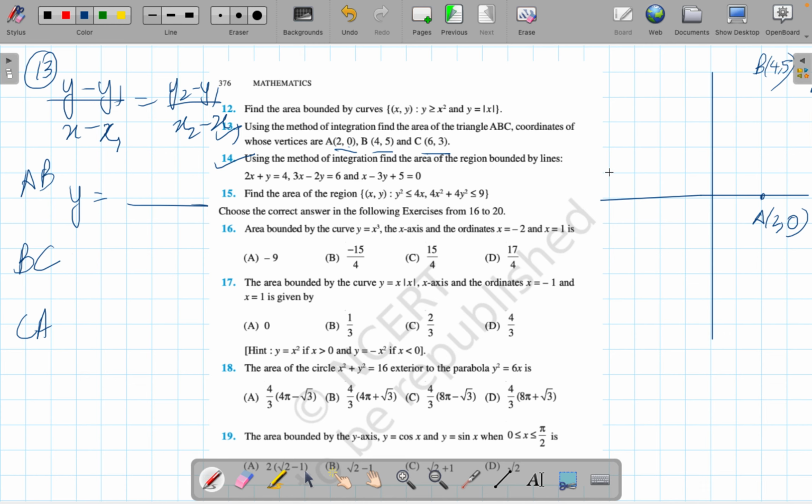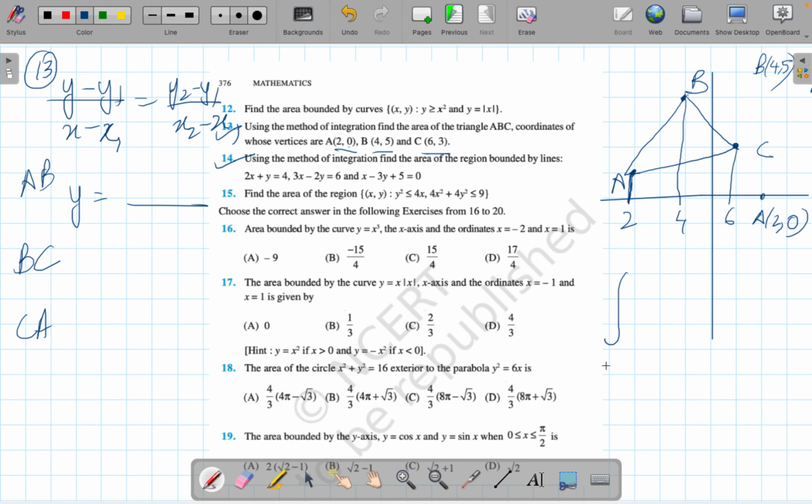So the figure will look something like, suppose यहाँ पे A है, B will be 4 comma 5 somewhere here, and this is 6 comma 3 somewhere here. Since it was not coming here, that is how I've taken. So check, this is A, B and C. So now you can see this was the point on the x-axis. Okay, this is 4 and this is 6 children.